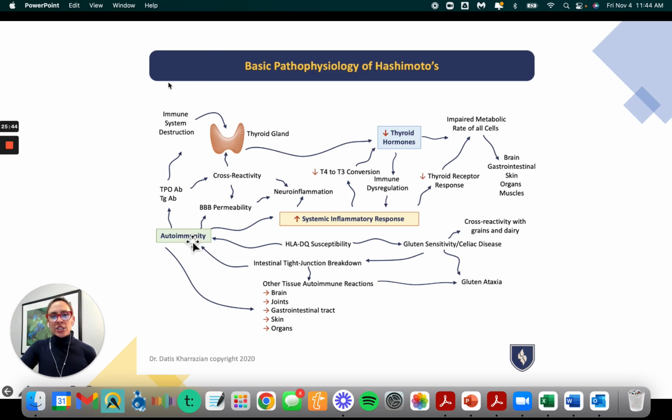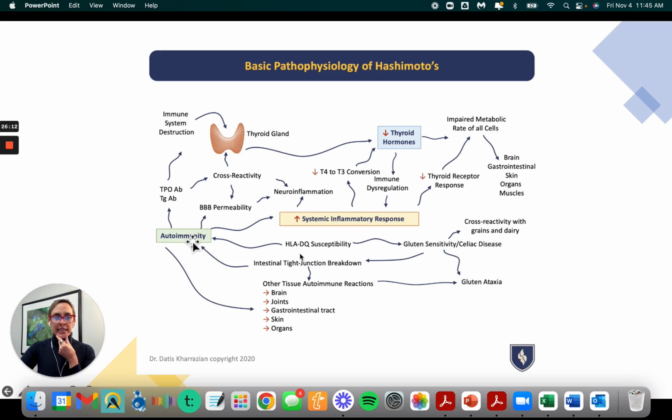And that actually starts in the immune system. The immune system gets dysregulated and begins to beat up on the thyroid gland. And it kicks out autoantibodies. Those autoantibodies can actually cross-react with the cerebellum in our brain and cause neuroinflammation. They can cause blood-brain barrier permeability, things to get into our brain that we don't want to.